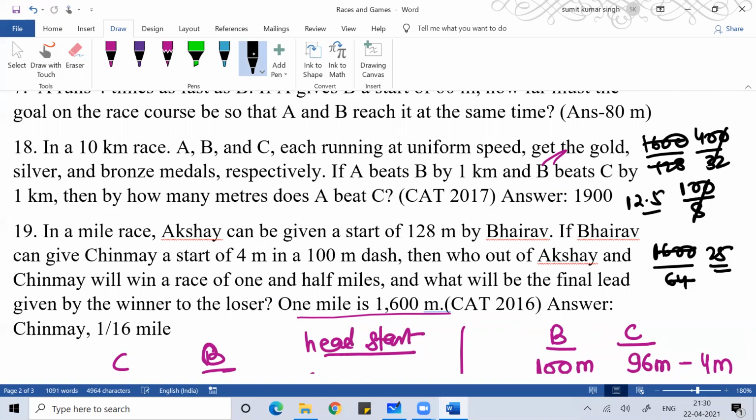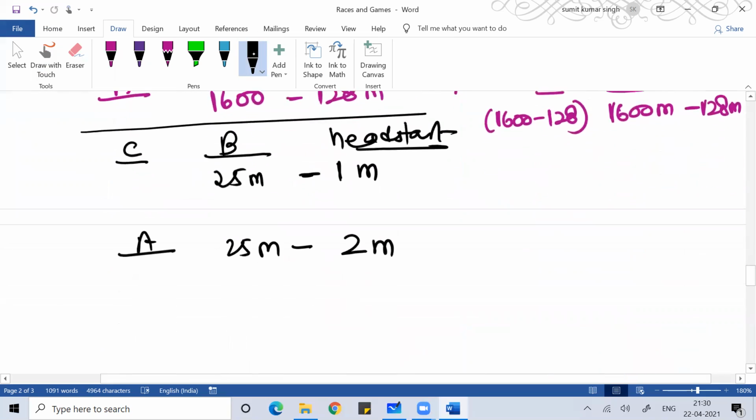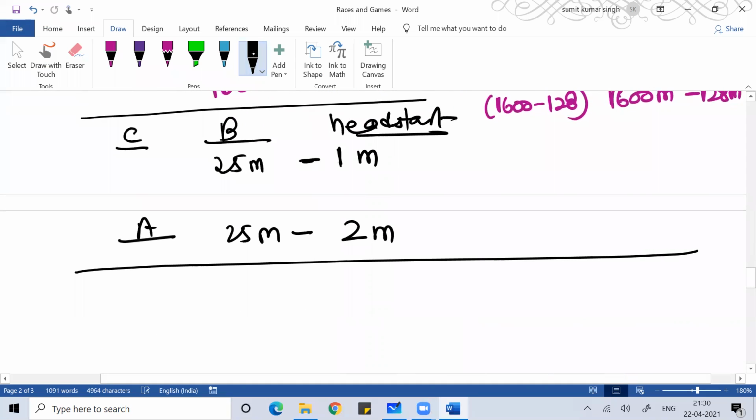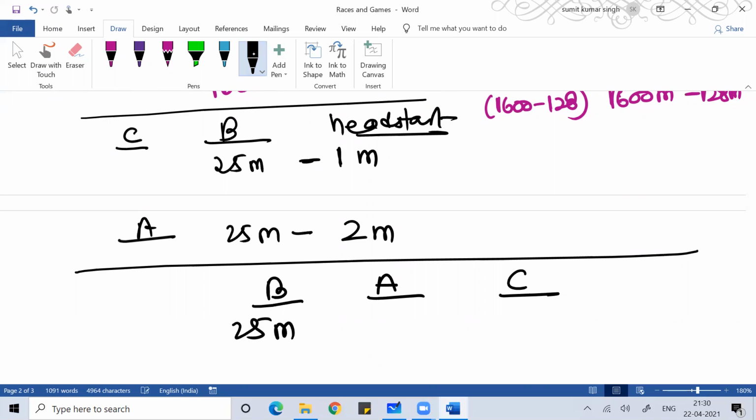So 12.5 is 1 meter, so 25 is 2 meter. So you can understand this. With this, you can understand that when Bhairav runs 25 meter, Akshay has run 23 meter, and Chinmay has run 24 meter.